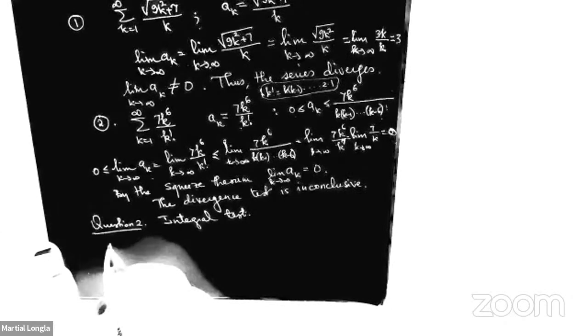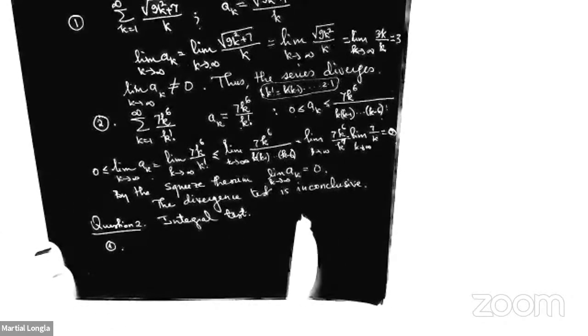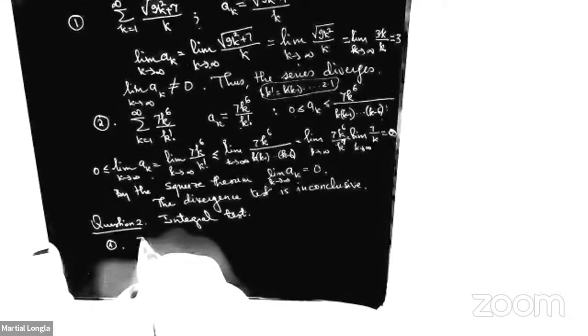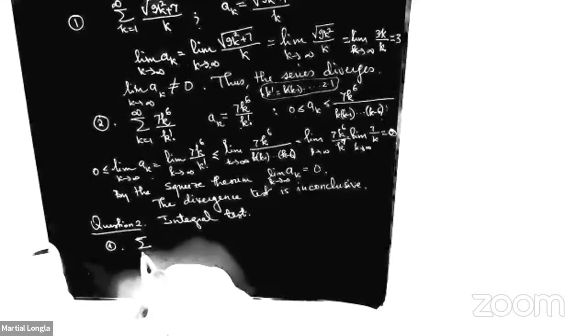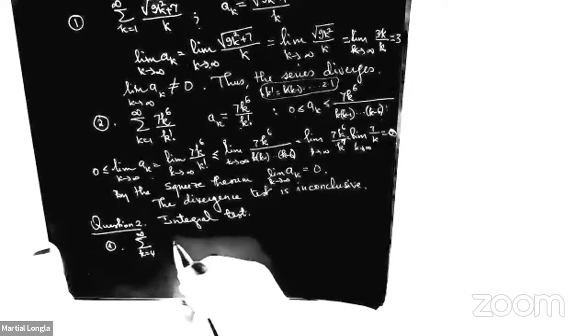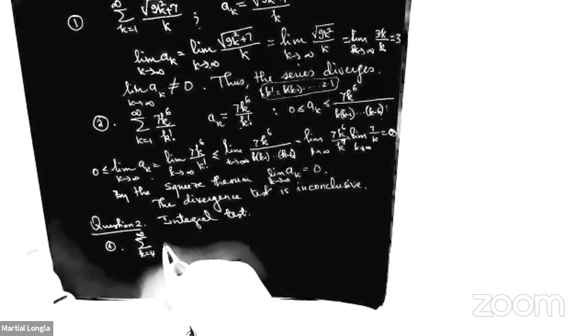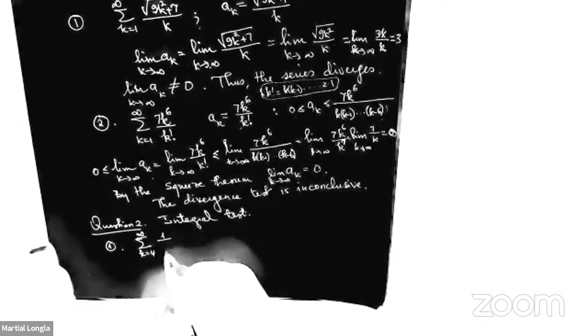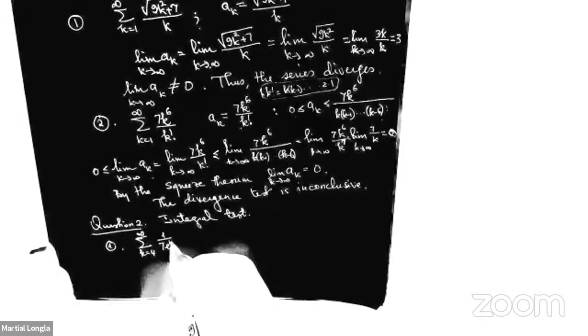And the first example here is the sum from k equals 4 to infinity of 1 over 7 e to the k.